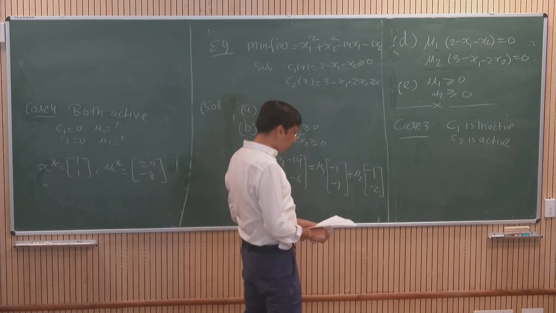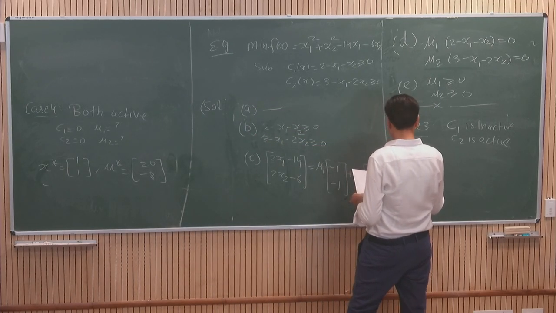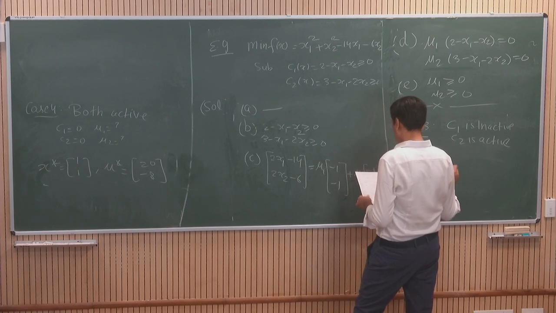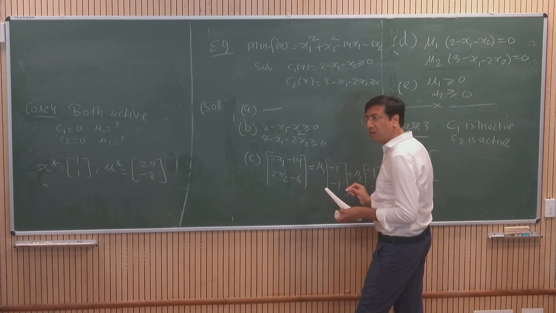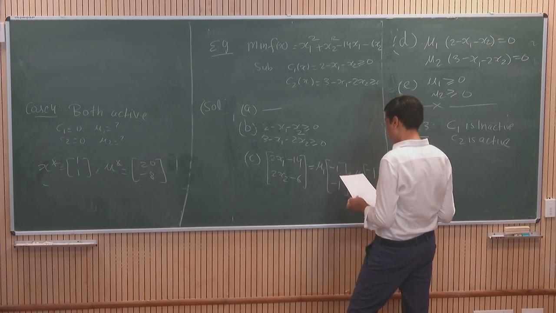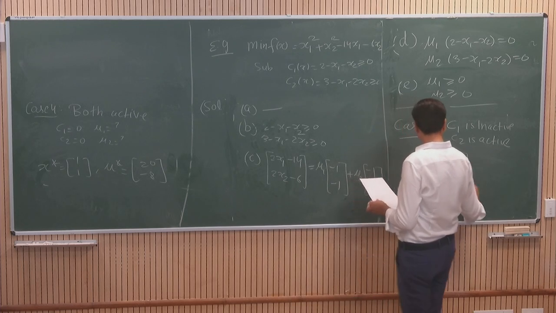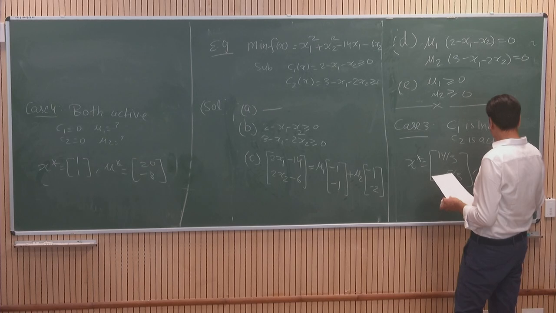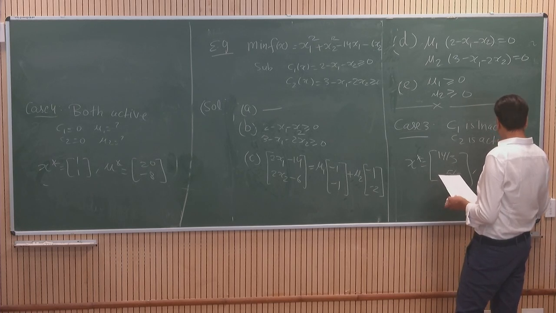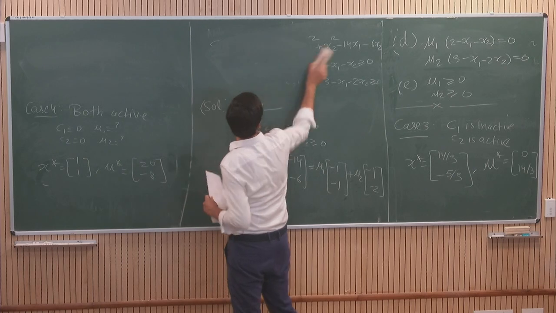Could anybody get X or mu? 5 minus 1, 0, 4. X star is? 5 and 5. No, I think I am getting 14 by 3 and minus 5 over 3. This is what I am getting for this, and the second one is this. You can double check.